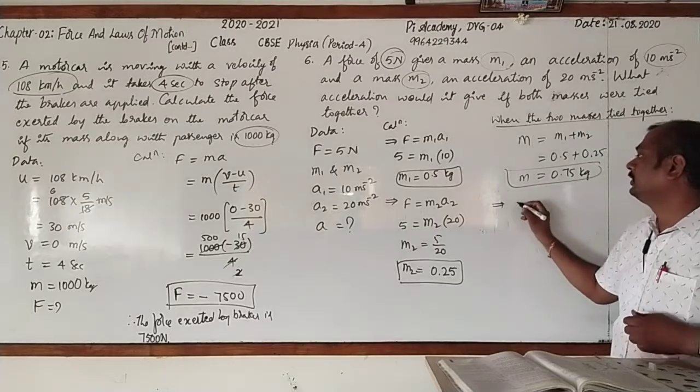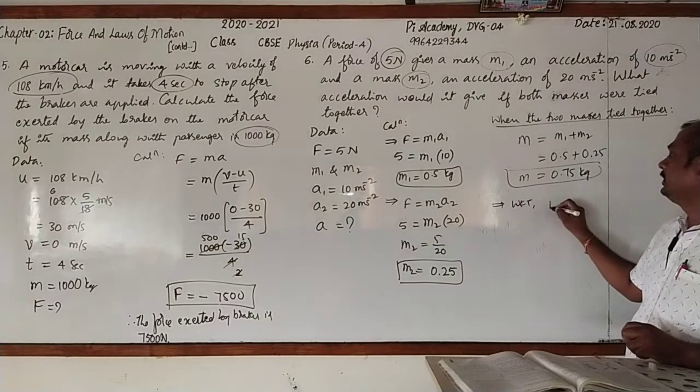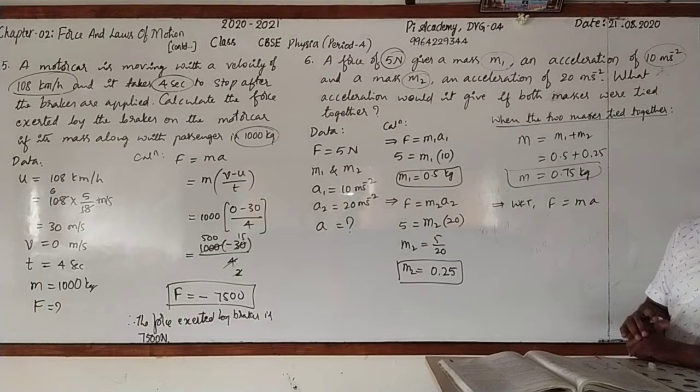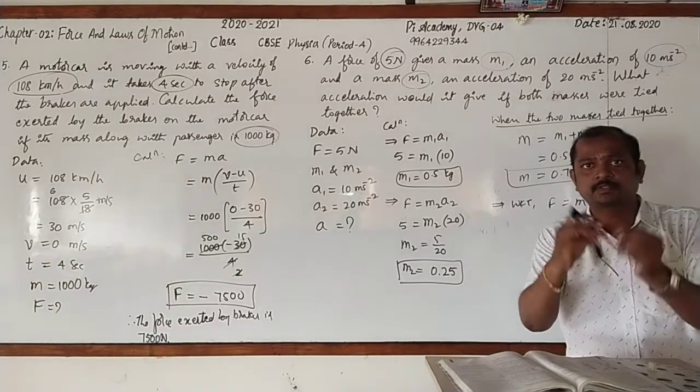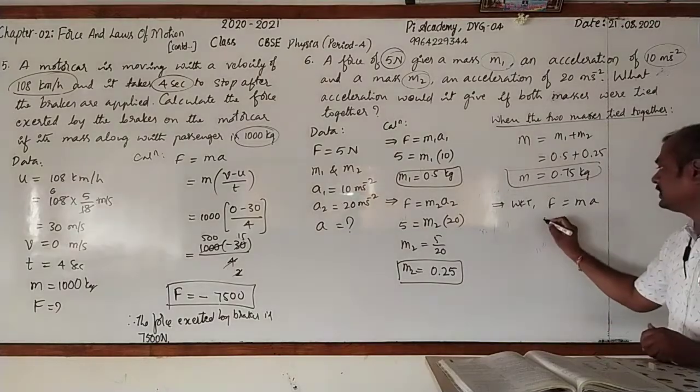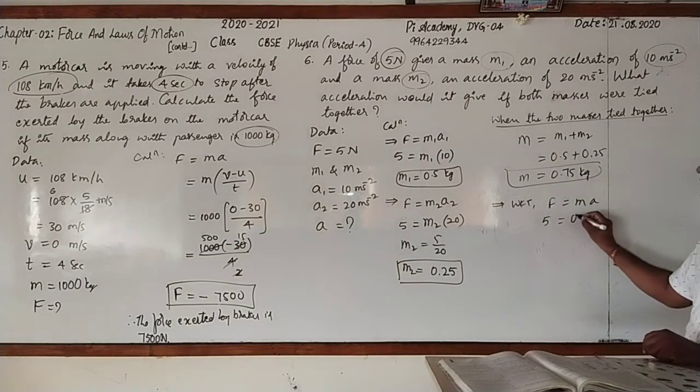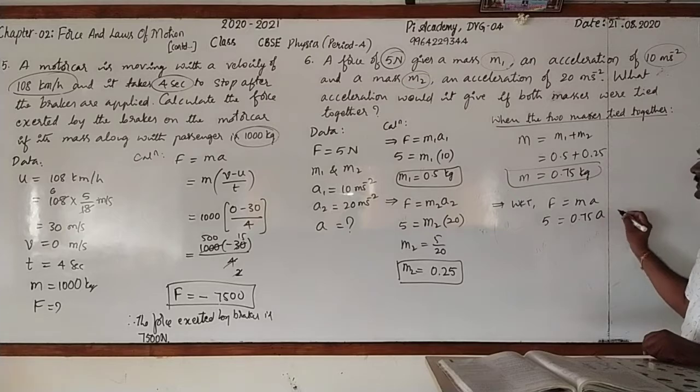Here I'll write. We know that F is equal to M into A. A is the acceleration given to the body when the two masses are tied together. Force is 5 Newton, M is 0.75, A is unknown.